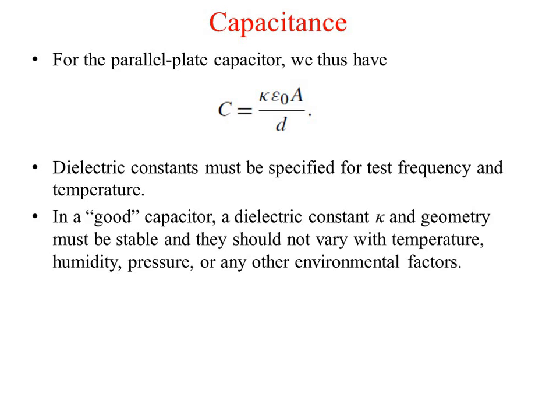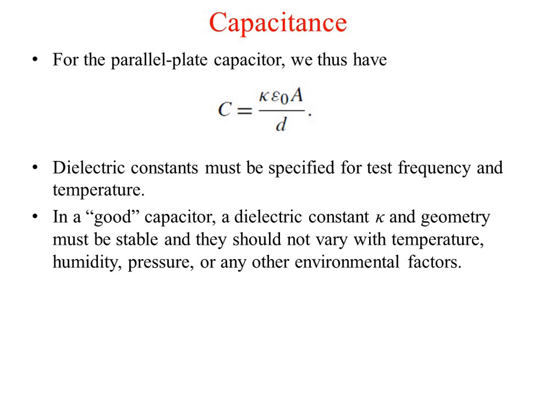A good capacitor with dielectric constant K and geometry with A and D must be stable. That means even if the environment is changing, your capacitance should remain constant. It should not vary with temperature, humidity, pressure or any other environmental factor.